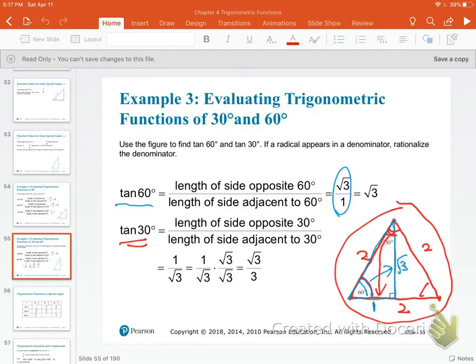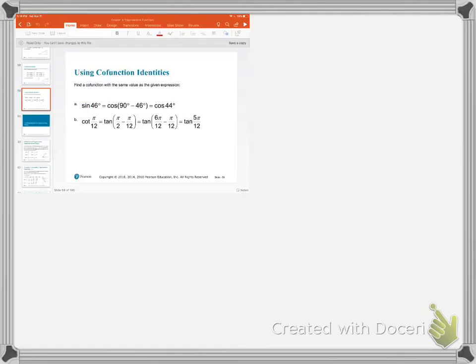Opposite of 30 is 1. So this is 1 over radical 3, and then rationalize the denominator, you get radical 3 over 3. So opposite and adjacent are based on the given angle. Okay, so what are the cofunction identities?